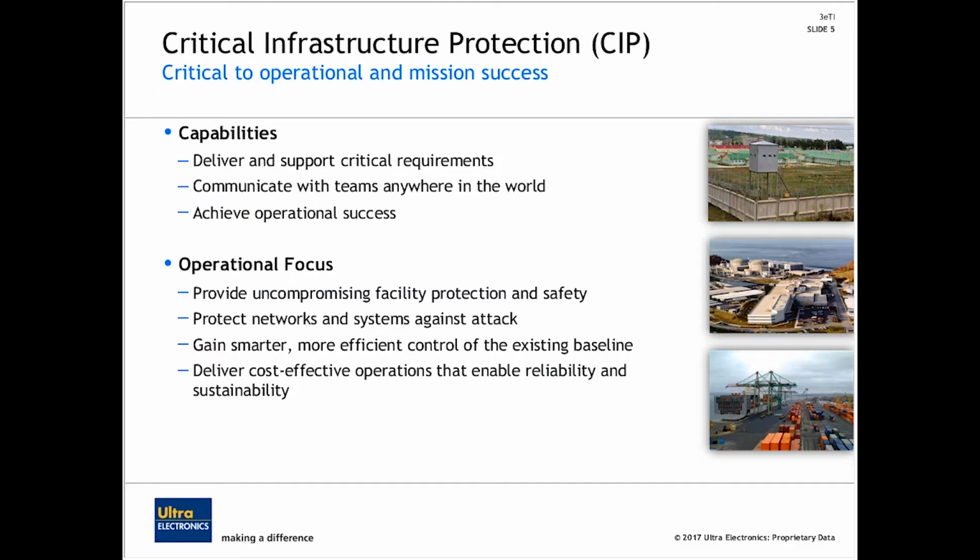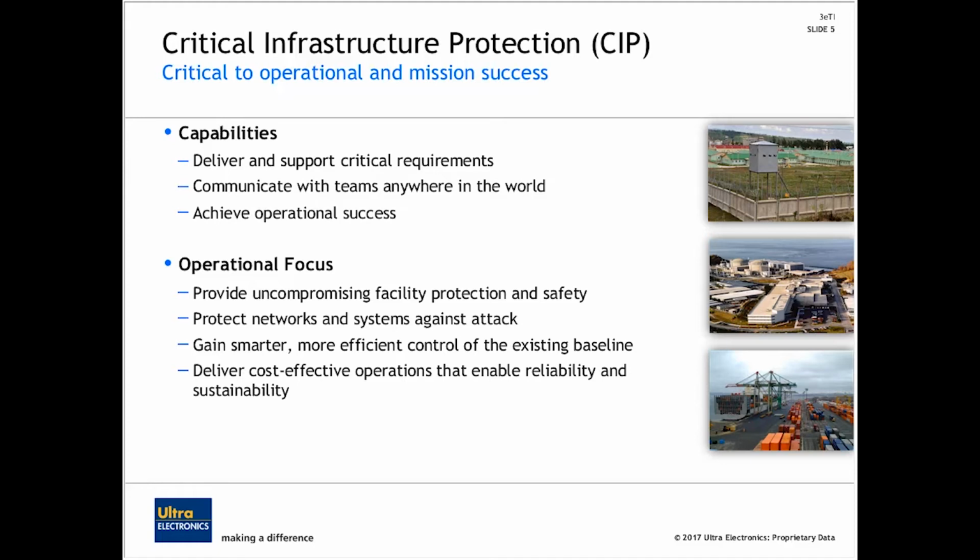But as it relates to this presentation, it's areas that would be considered vital to a business or to a government in terms of being able to operate. Typically, a critical infrastructure asset would need to communicate worldwide, so there's a variety of communications infrastructure necessary to support that, as well as a focus on operations.